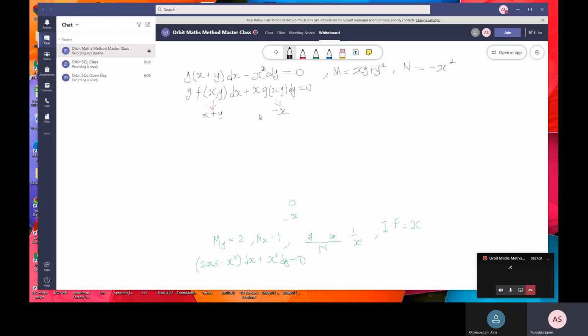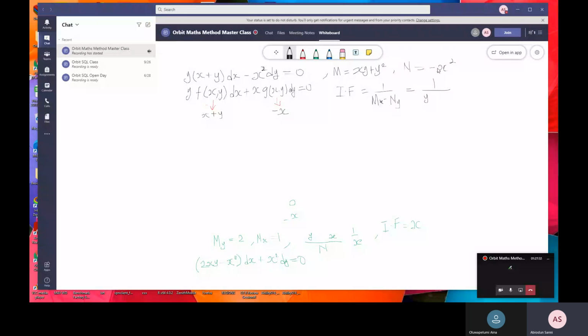So in this case, using this condition, our integrating factor is going to be 1 over Mx minus Ny. That implies I have 1 over, if I differentiate this with respect to x, what do I have? I have y.